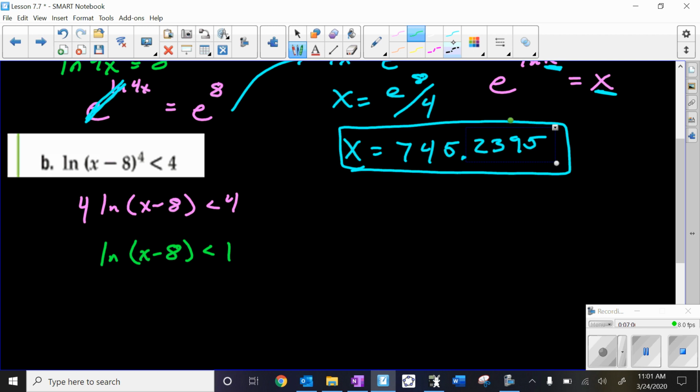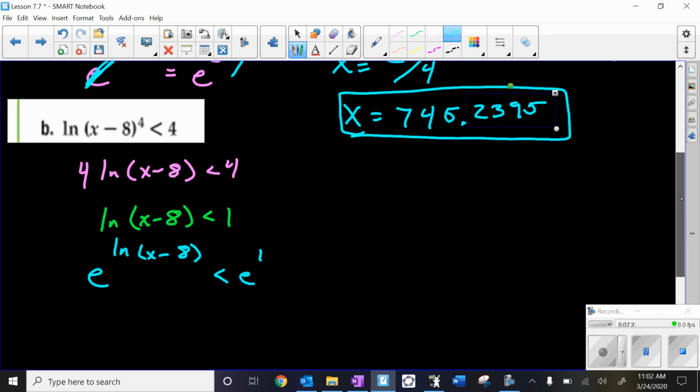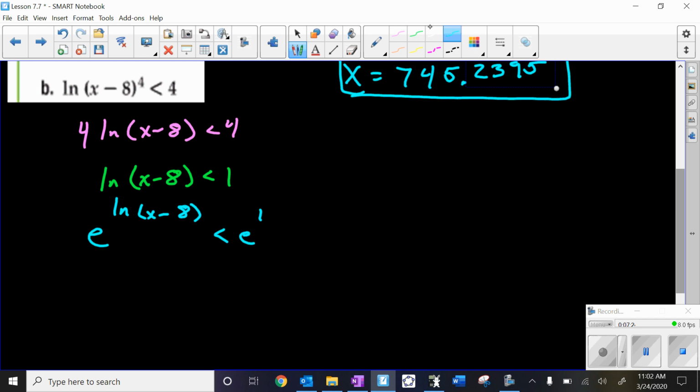And this is where your property comes into play again. We're going to raise everything up into the exponent, and we're going to use e as our base. Is less than, this is technically e to the first. And why does that help us out? Well, now our e and our natural log are going to cancel, leaving me with just x minus 8 being less than e to the first.